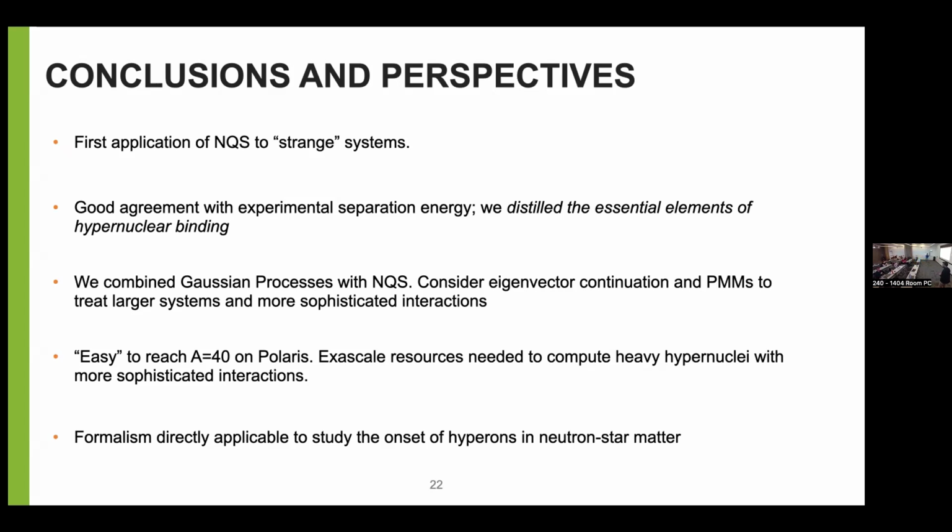So, questions? Is there experimental data for systems with two lambda particles? Have you compared with that? No, we need to do that. That's a good question. In fact, that's how you determine the lambda-lambda interaction. You can do it either on the lattice or use these systems.